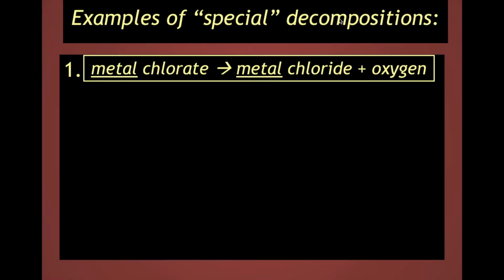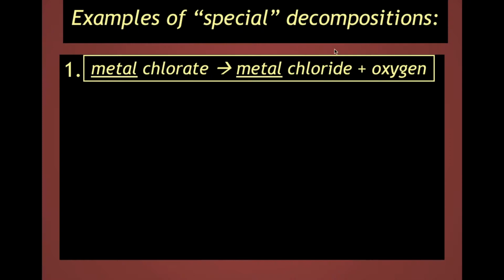Here's one of the special exceptions. When you have any metal, so it could be sodium, potassium, whatever, in an ionic compound with chlorate, one of the polyatomic ions, you just write whatever metal was here, chloride plus oxygen.